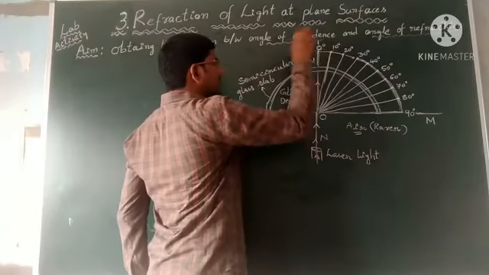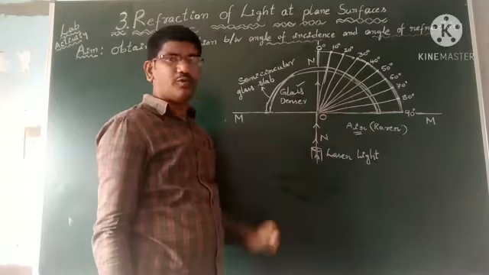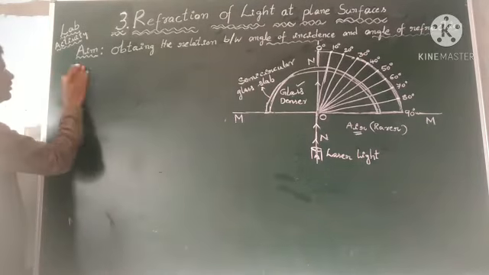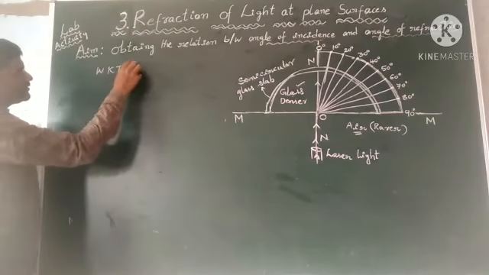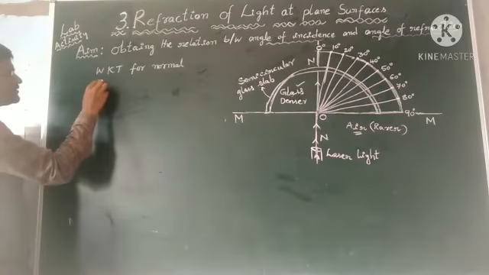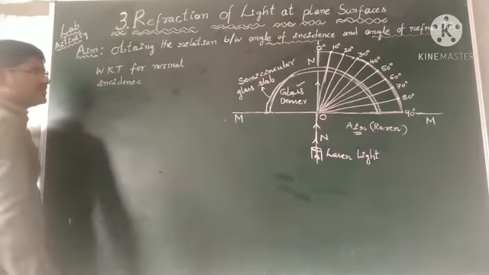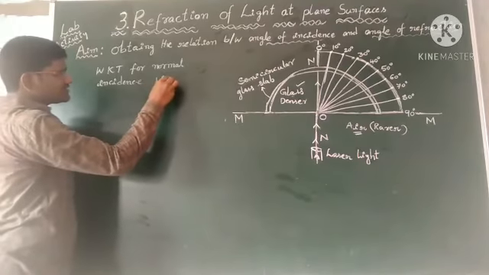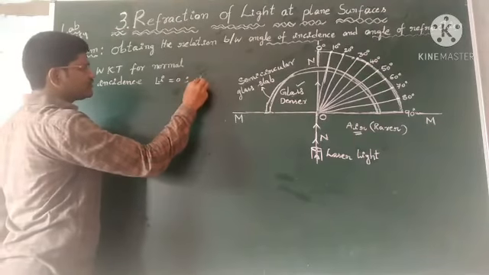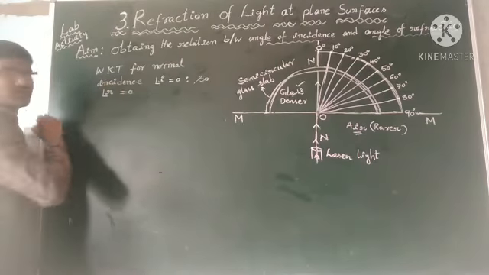We are sending the laser light along the normal NN, and it is going from air to glass, incident at the point O. We know that for normal incidence, the angle of incidence I is 0, so the angle of refraction R also will become 0.